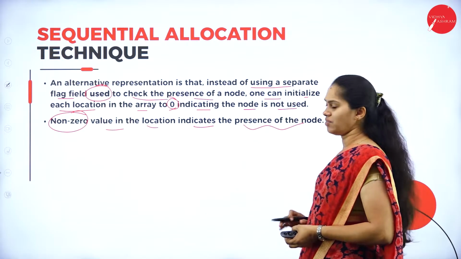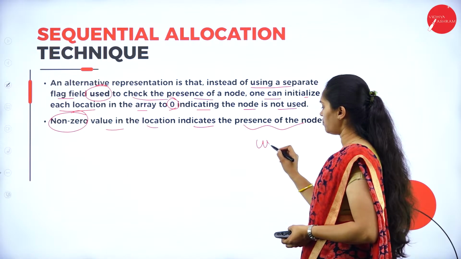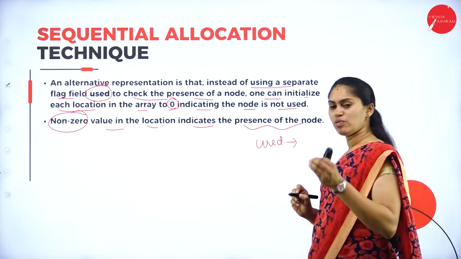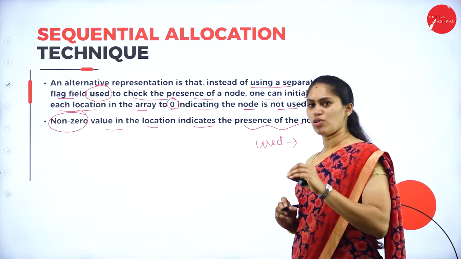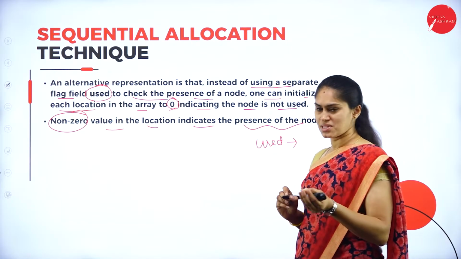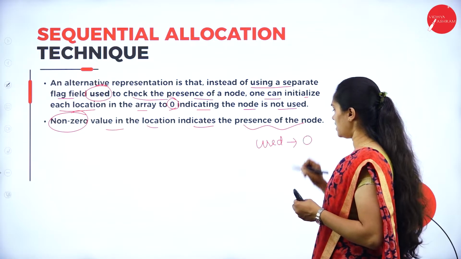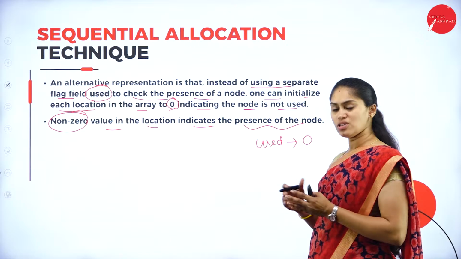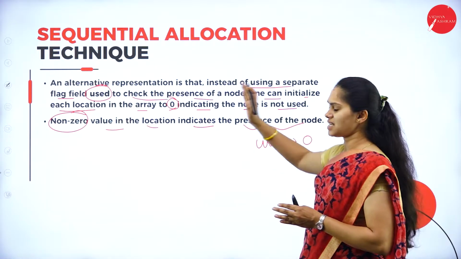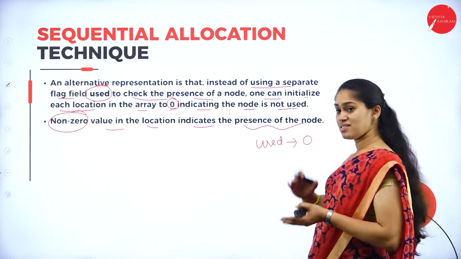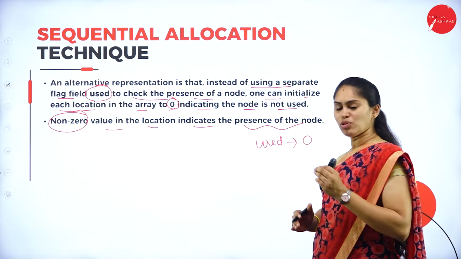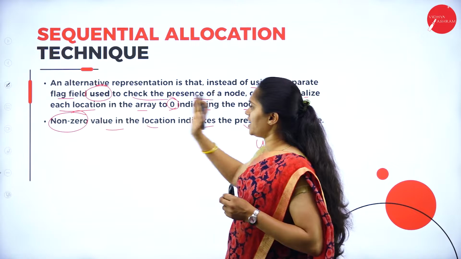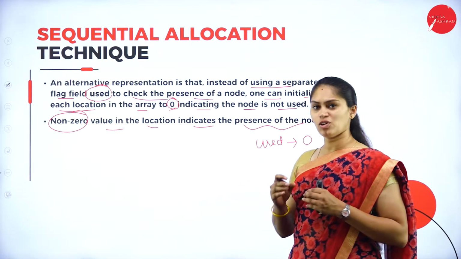So in the previous technique, we used a field called used. This used represents whether memory is taken by the node, whether the node is present or absent. If the node is absent, it indicates 0. If it is present, it will use a non-zero value. But in the second technique, instead of using a separate flag called used, I am going to initialize all the locations in the array to 0.